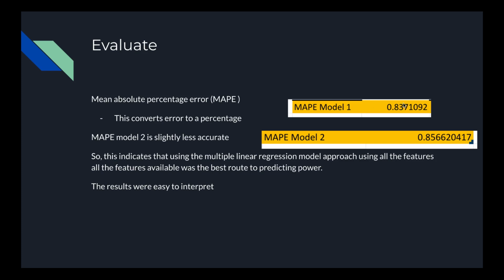What we found here is a slightly higher MAPE percentage for model 2, which would indicate that model 2 is slightly less accurate. Model 2 being the model that only used the 3-feature set. So that would indicate that model 1, where we use all 4 features to predict the energy output, was the best route to predicting the power.